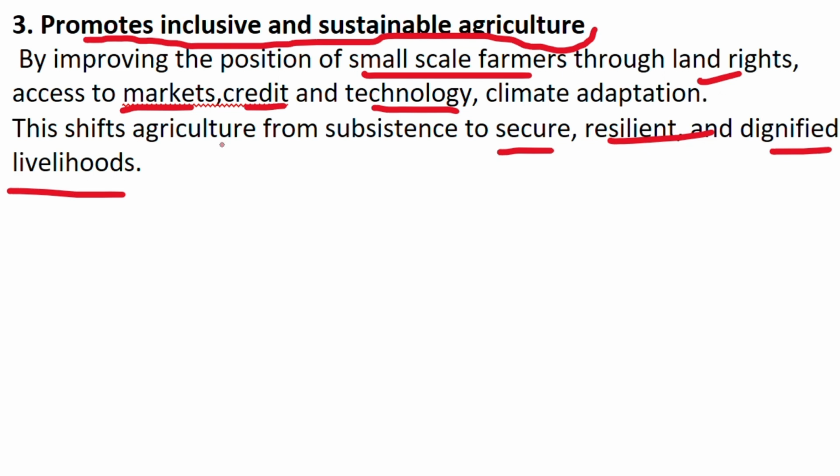The majority of small scale farmers do agriculture only for their own food, because that's what they are capable of producing. But through SDG Goal 2 and by achieving the targets and indicators, we can make sure that even small scale farmers become secure and resilient, can earn income through their products and thus live a dignified life. That's one of the targets.